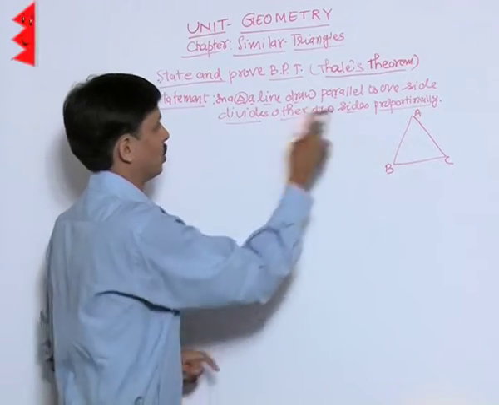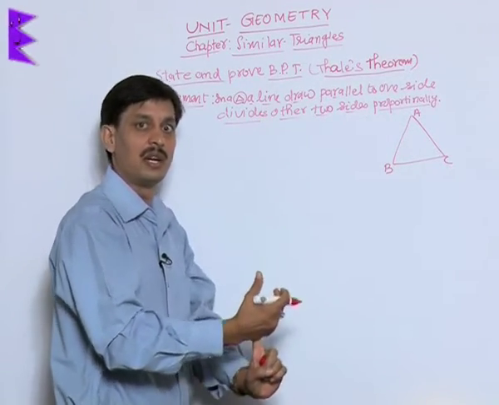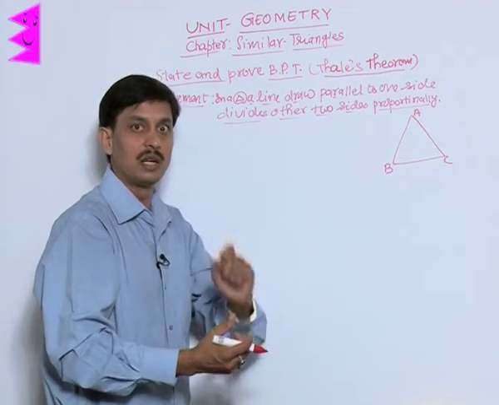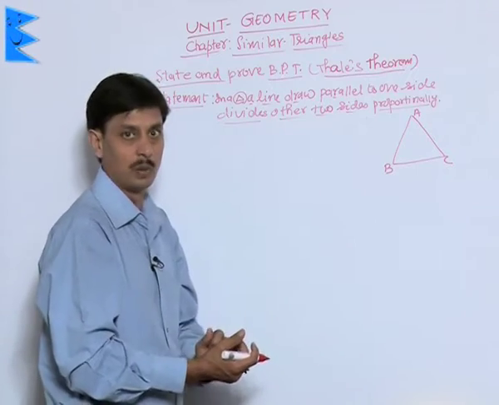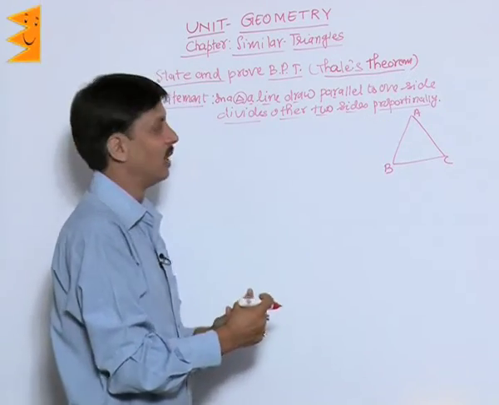In a triangle, a line drawn parallel to one side divides the other two sides proportionally, or divides the other two sides in equal ratio. So I have to make a triangle. This is the triangle ABC.